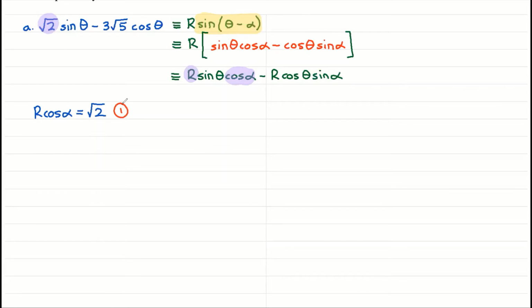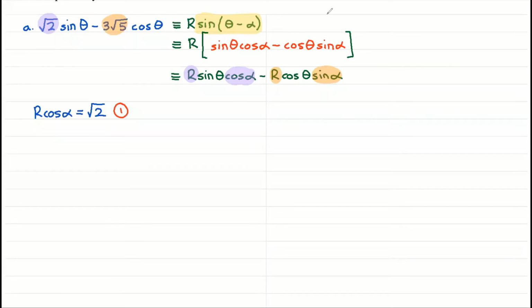Okay, so that's good. We'll apply the same rationale to the second term. So this time we have a negative on both the left and the right. So I can just ignore that really. I can just take the 3 root 5 and compare that to the r and the sine alpha. And I'll just explain that again.